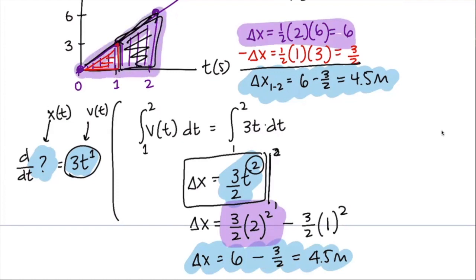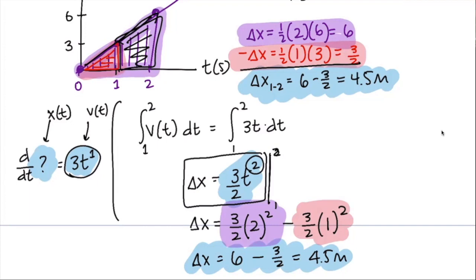And I subtracted 3/2 times 1 squared, which was the same thing as this red triangle there. So it's the exact same approach: add up all the area under the curve from 0 to 2, subtract all of what was 0 to 1, and what I have left over is from time 1 to time 2, the actual displacement.